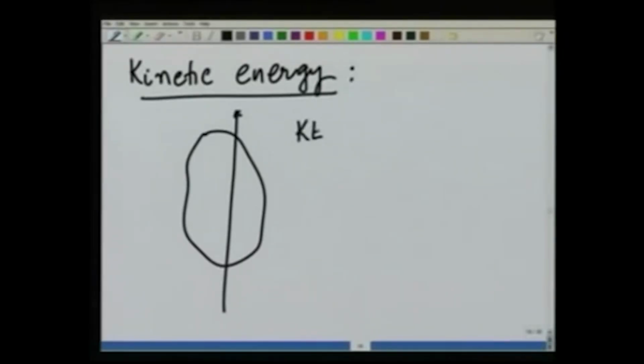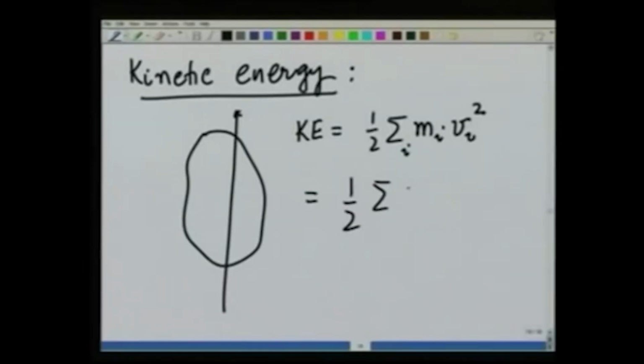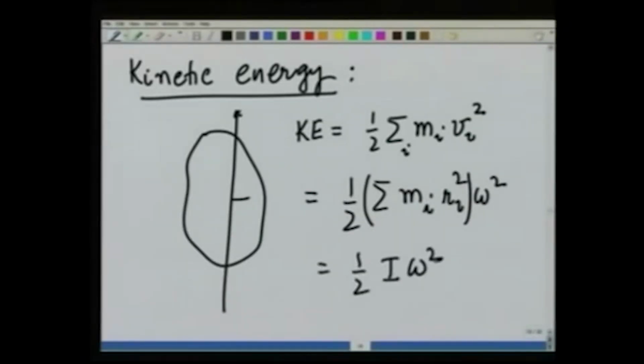Kinetic energy is equal to 1/2 summation mi vi square, and therefore I can write this as 1/2 summation mi Ri square, where Ri is the perpendicular distance from the axis, times omega square, which is nothing but, if I put the bracket here, 1/2 I omega square, which is equivalent to 1/2 mv square of one particle dynamics.